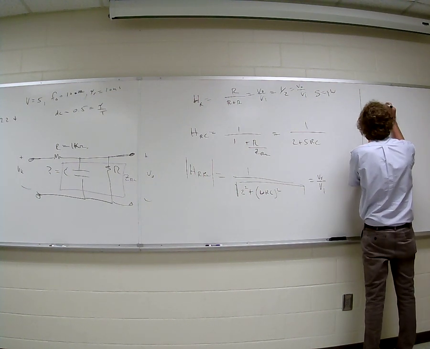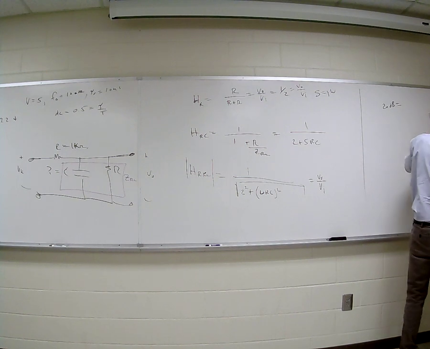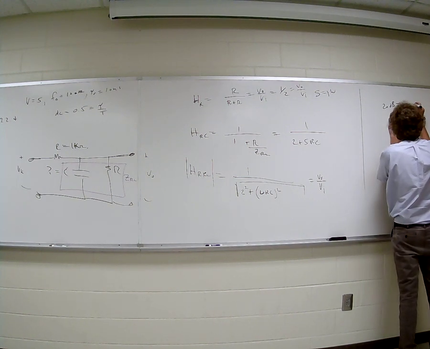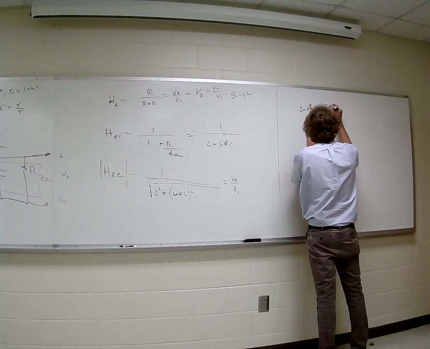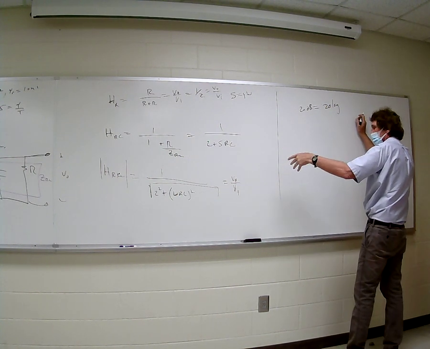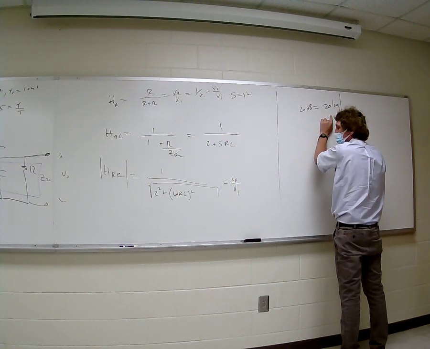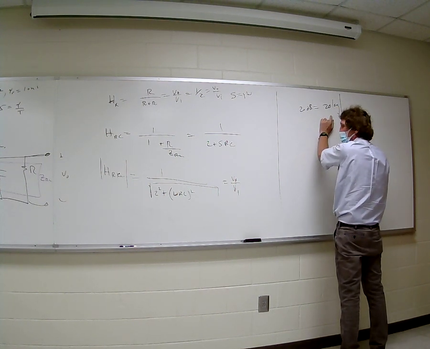So if we have 20 dB on that side, well, it's got to be dB this side. Since it's voltages, it'll be 20 times the log, right? It would be 10 if it was power, but we're working with ratios of voltage. And then it would be the magnitude. Now they want a 20 dB reduction.